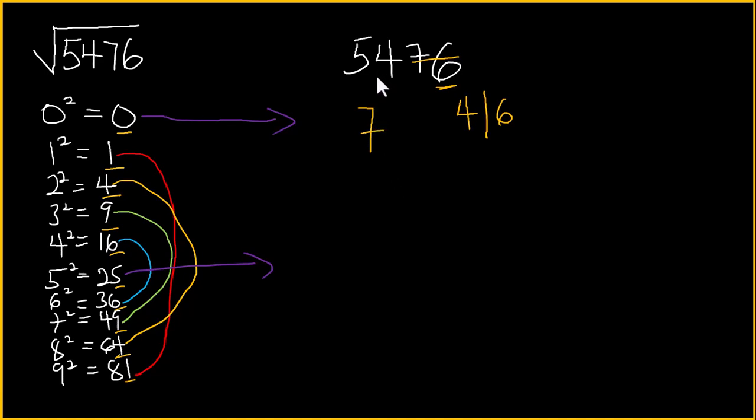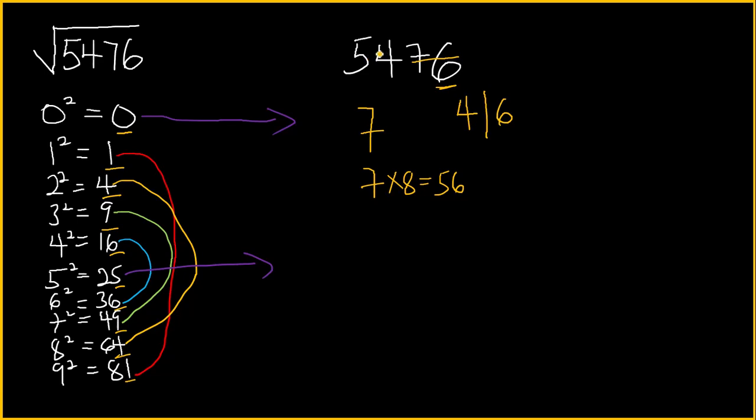What we are going to do now is multiply. So we repeat the number 7 here, and then multiply by the number that comes after 7, which is 8. So multiplying this, it yields 56. So what we are to do here is compare these two numbers, 56 and 54.